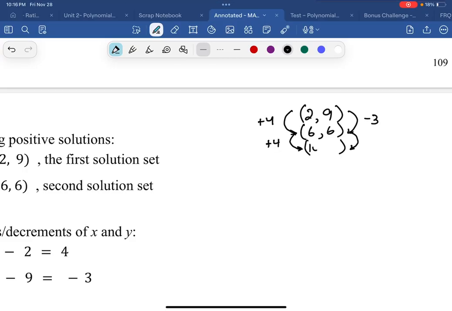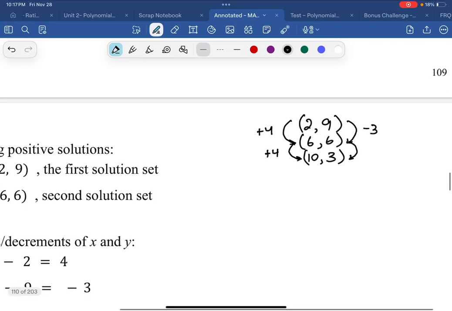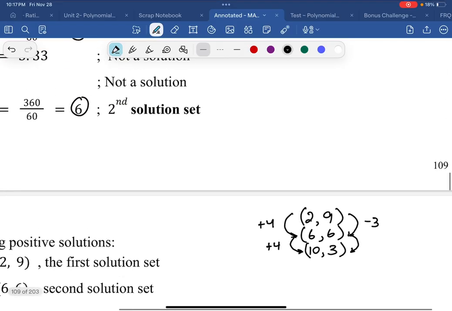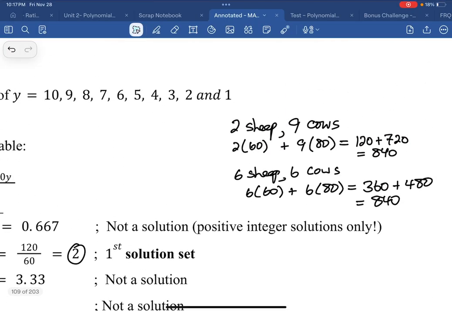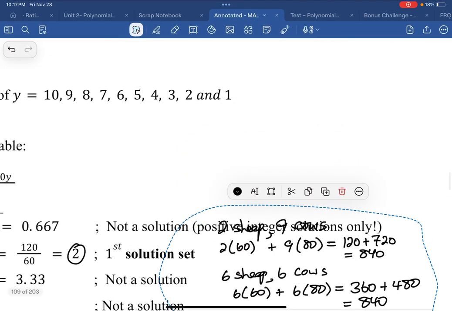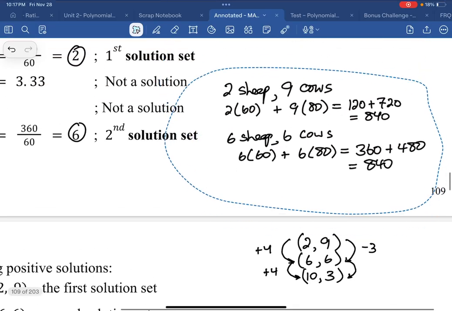So I would get 10 here, which is a reasonable number. I could sell 10 sheep and I'm down to 3 cows. I can verify that if I want to. Maybe I'll move this down so I can see it all in one shot.